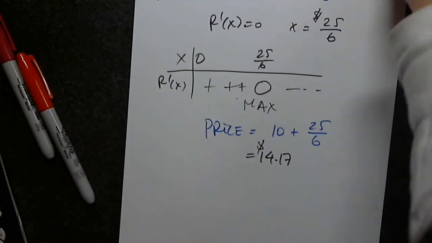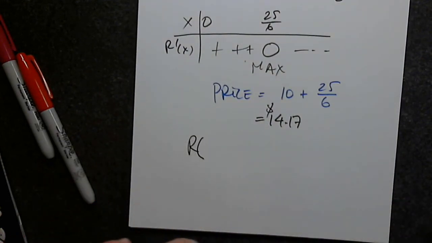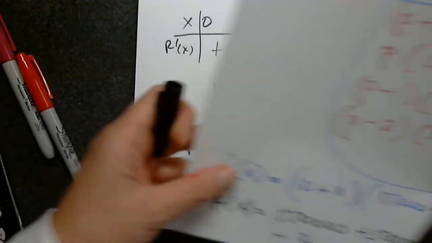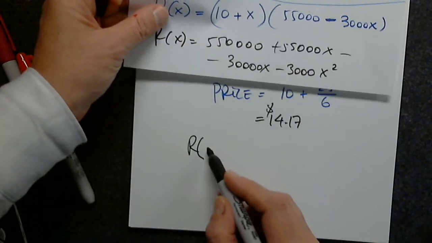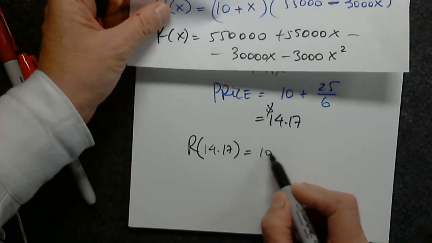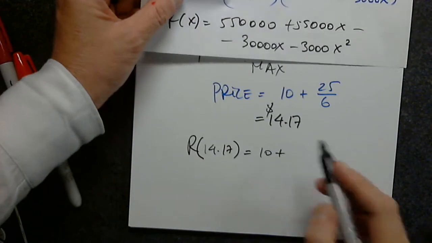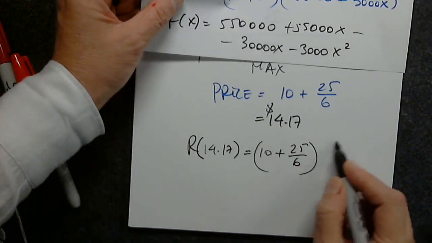Okay, so now we want to find the maximum revenue. So go back to the function. Here it is. 10, so 14.17. So I have 10 plus, I don't want to calculate like that. I just want to have exact, if I can get a better revenue.